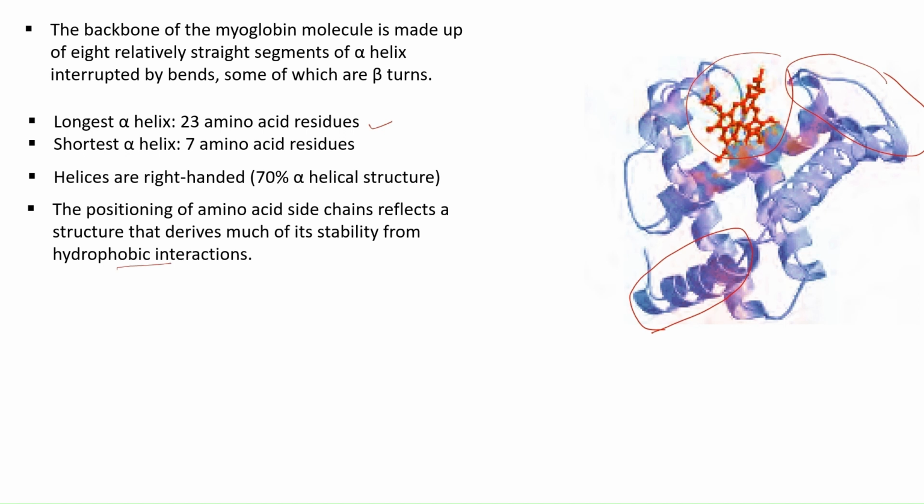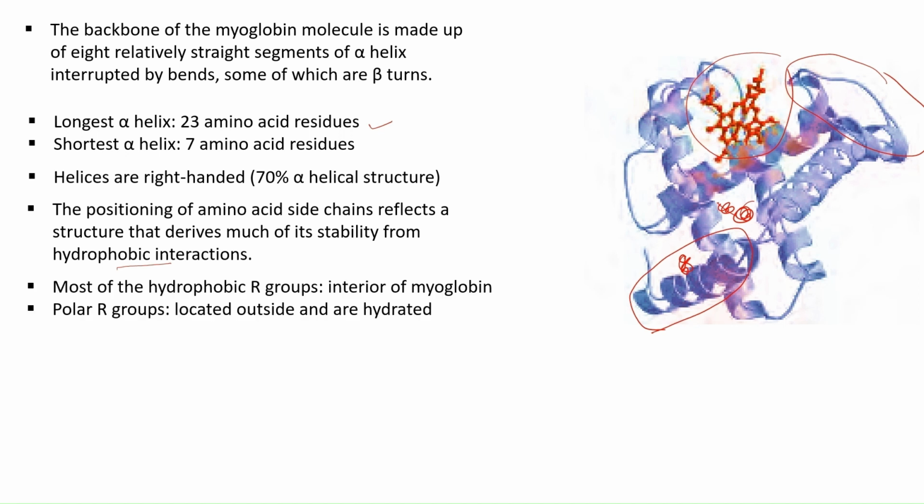That means in all these helices, the amino acids which are hydrophobic in nature are present in the interior of the myoglobin so that they can interact and form a hydrophobic bond, and hence maintain the stability and the structure of myoglobin. So that means these hydrophobic amino acids are present in the interior of myoglobin, and the polar amino acids will be located outside the myoglobin structure.